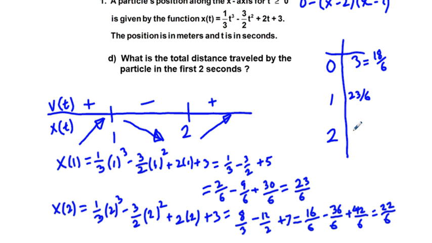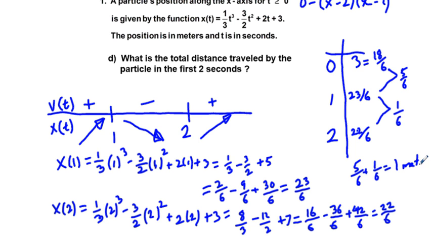So we're going to have 22 sixths right here at t equals 2. Between 18 sixths and 23 sixths, we go to the right 5 sixths. And between 23 sixths and 22 sixths, we go another 1 sixth to the left. 5 sixths plus 1 sixth equals 6 sixths, which is 1 meter. So that'll be our distance covered.